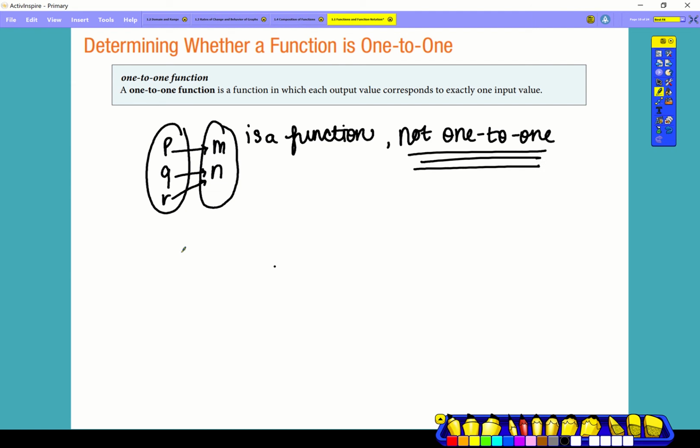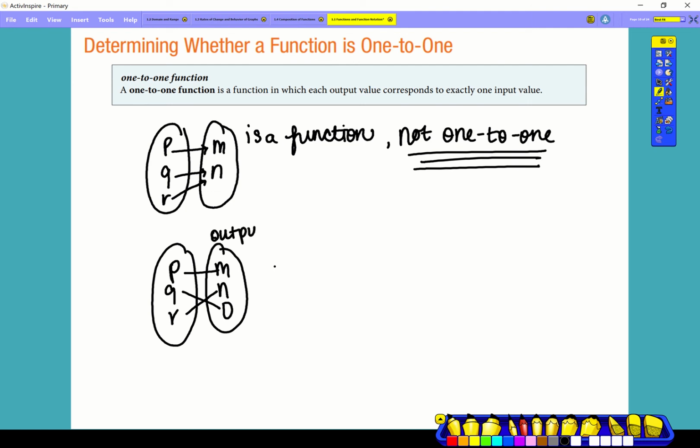Now, one-to-one would be something like this, where there's literally one to one.